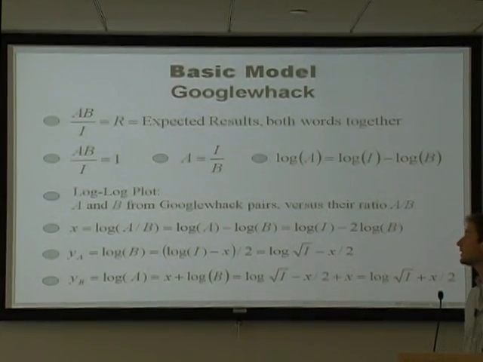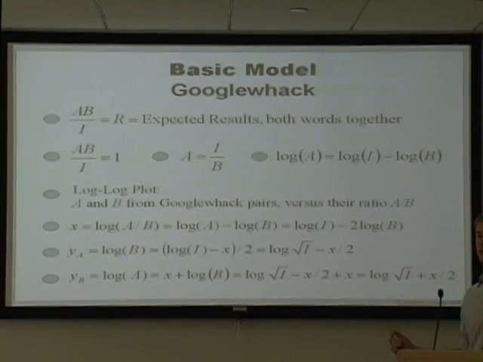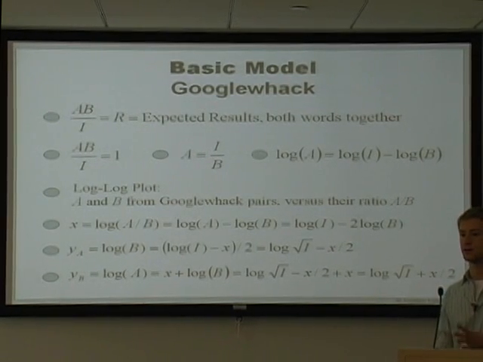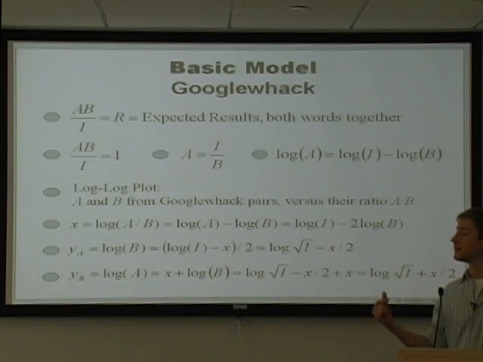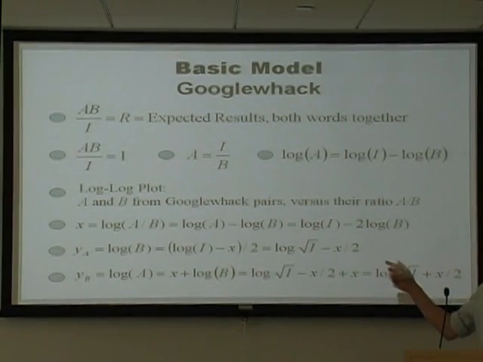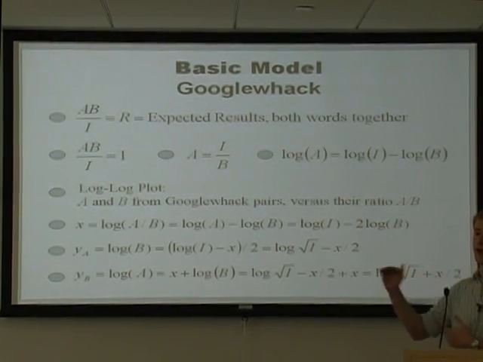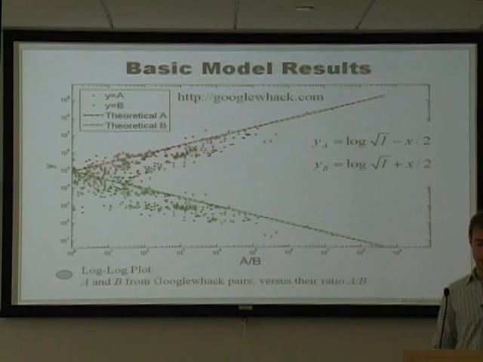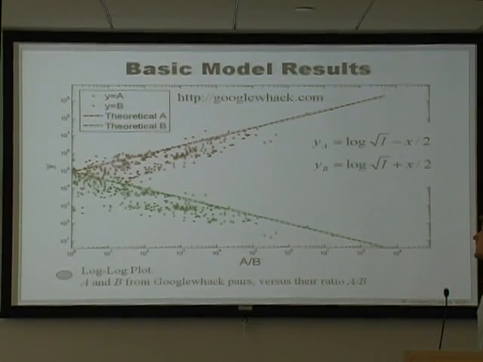And to demonstrate it, I'm going to use a special log-log plot where the x value of all the points will be equal to A divided by B. That's the ratio of the number of hits for the first word versus the number of hits for the second word. There'll be 2 points for each pair, with the x value determined by that, and the y value will just be the height, the number of results, A and B. I took a few hundred Googlewhacks from the website, from what they call the Whack Stack, and it looks pretty good.